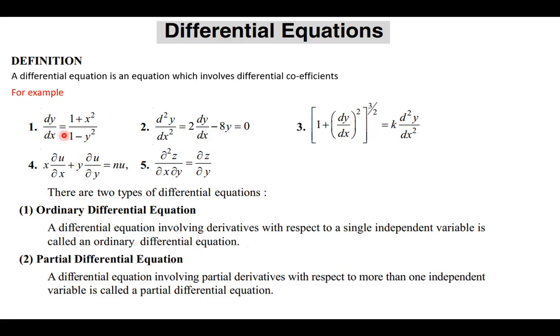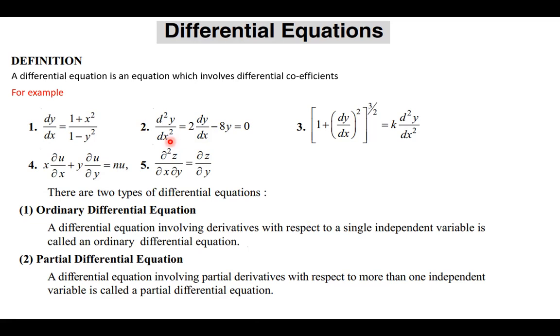But when you look at this one here, this is a partial differential equation. Why? Because we have three variables, meaning it involves more than one independent variable. Hence it's called a partial differential equation.